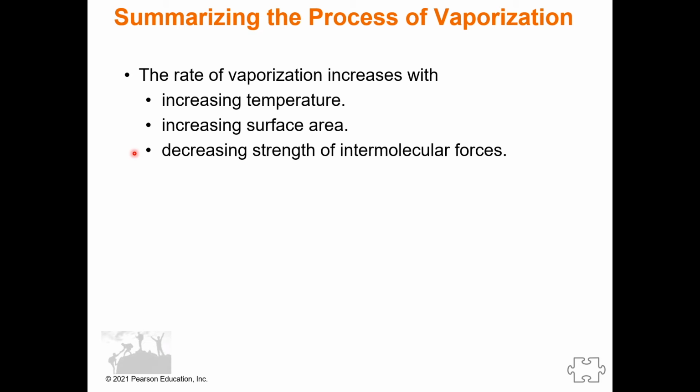That will have a lower rate of vaporization compared to something like acetone, which only has dispersion and dipole-dipole. And the last thing, it's not on this slide, if everything else is the same, then take a look at molar mass. Those with smaller molar masses will have a higher rate of vaporization.